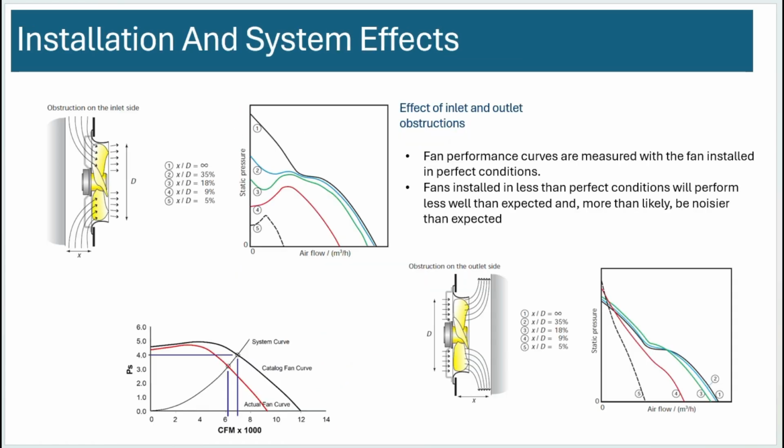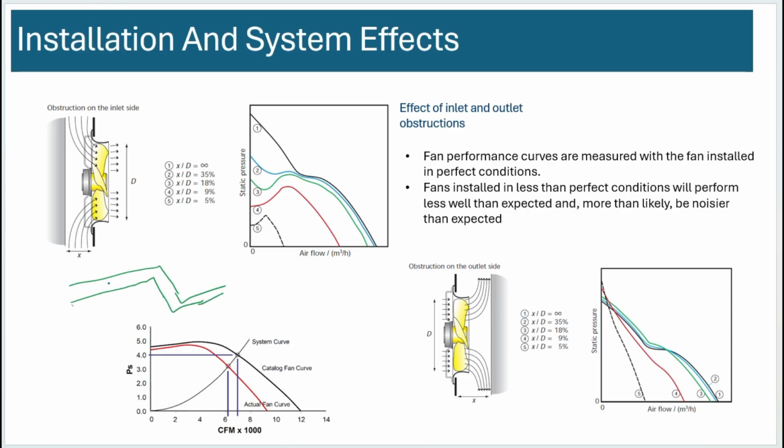Now let's look at installation and system effects. One thing to remember here is not always will we be able to operate at the exact intersection point. Let's say you have a duct like this.